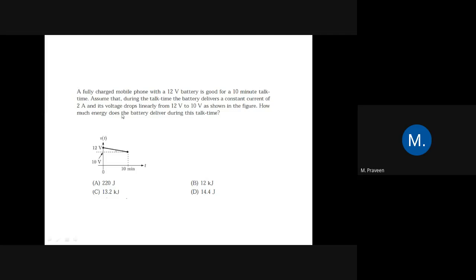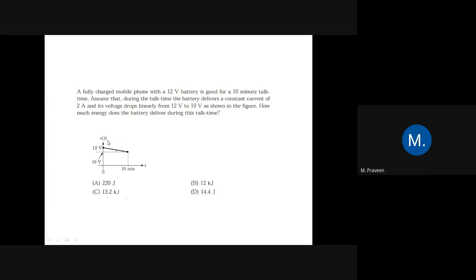Here the mobile phone has a 12 volt battery, which will have a talk time of maximum 10 minutes. The current will be constant, that is 2 amp, but the voltage drop across the phone ranges from 12 volt to 10 volt.